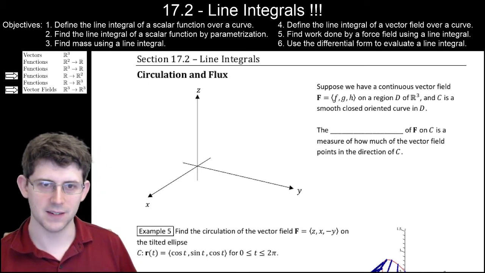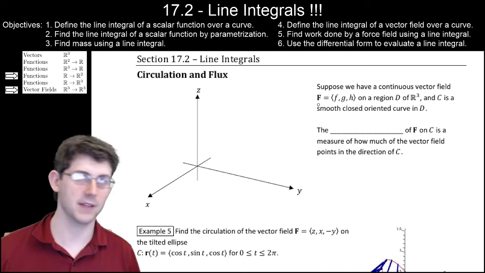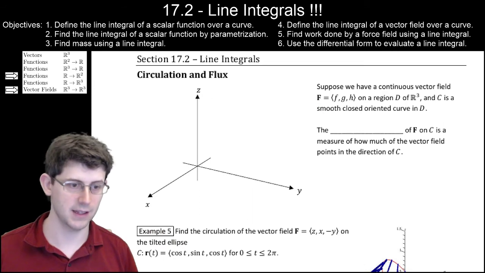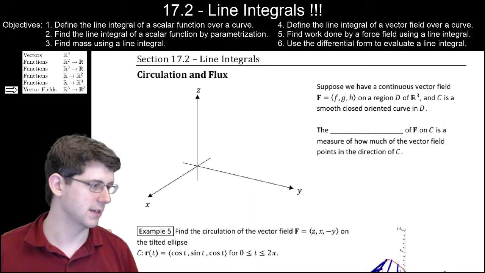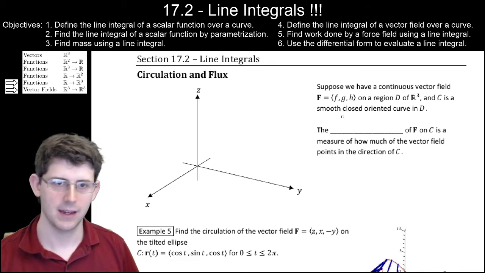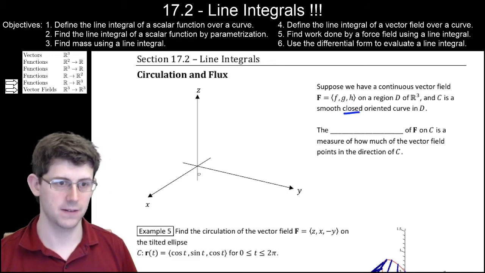If you have a vector field F, so we're thinking of wind swirling around in space, and then you have a curve, which is also in 3 dimensions. A curve C that's a closed curve.